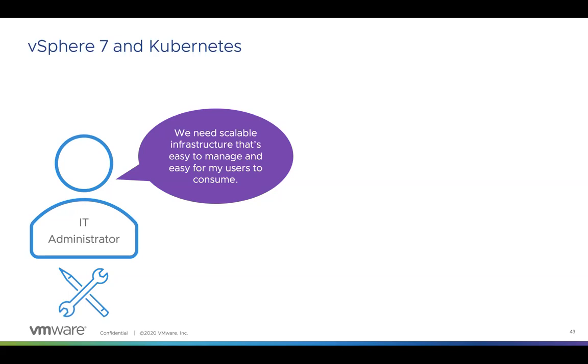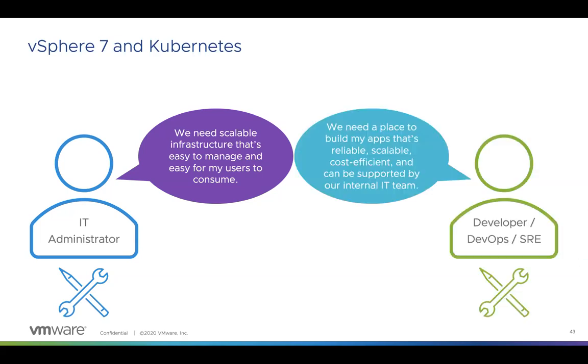That is a typical ask for an IT administrator, who still wants the majority of the control to enforce all his policies. When it comes to the developer, they want an easy way to build their apps, and for every request, they don't want to say, provision me some more memory, some more CPU, some more network, all these things.